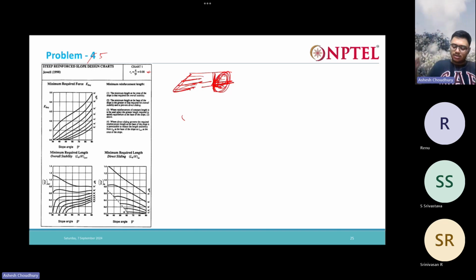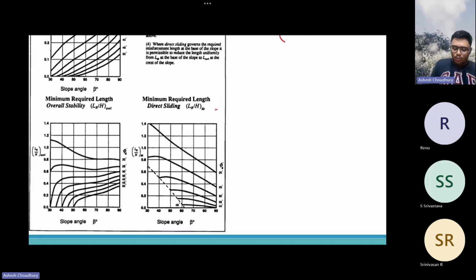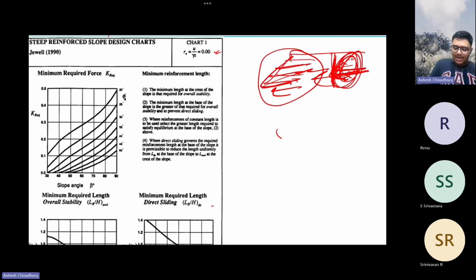That is ensured by selecting this. So from these two, we get two lengths.